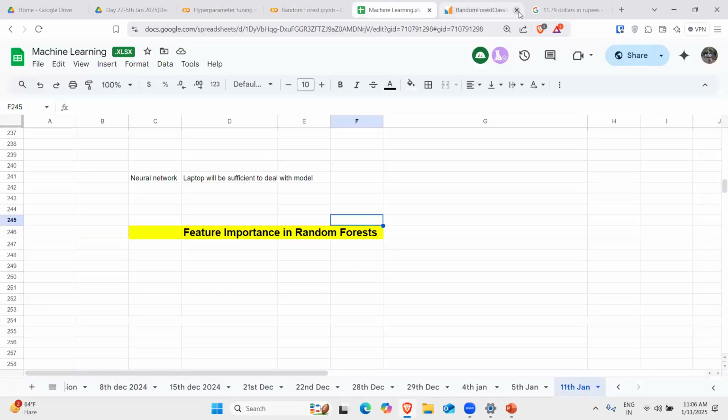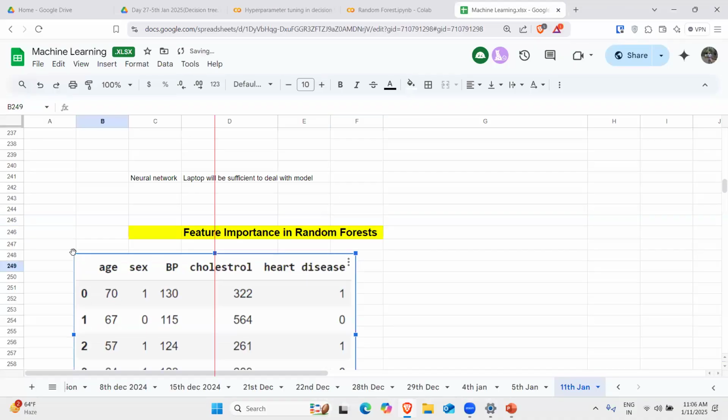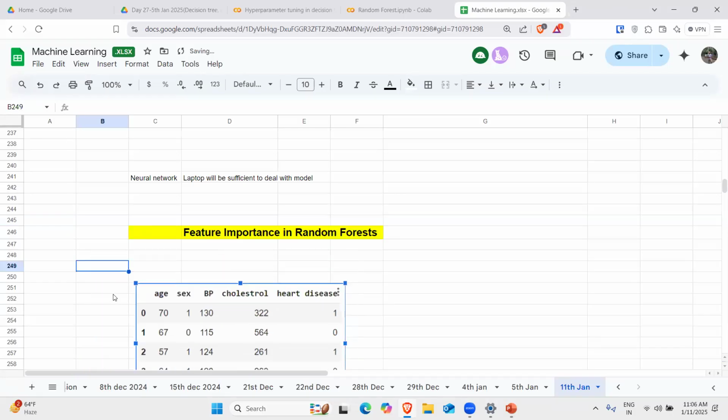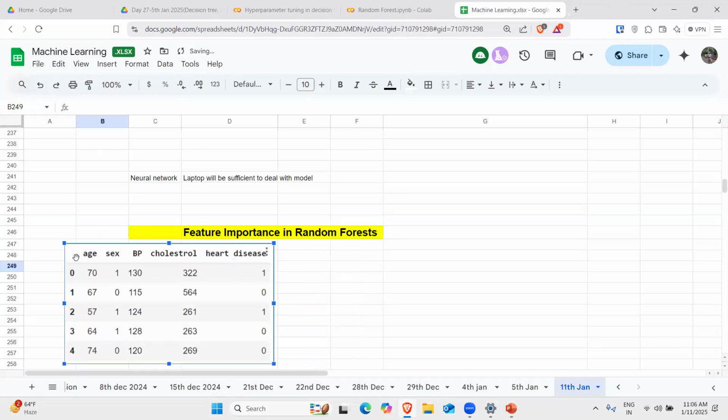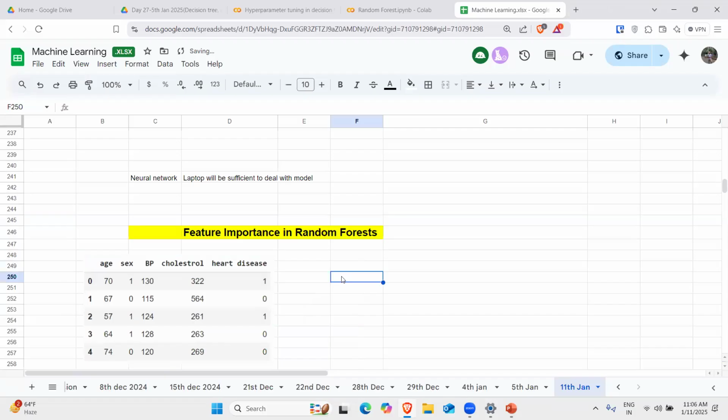So before actually building a random forest model, you can get an idea about the importance of the feature variables. For example, which feature is important out of all the features out there?